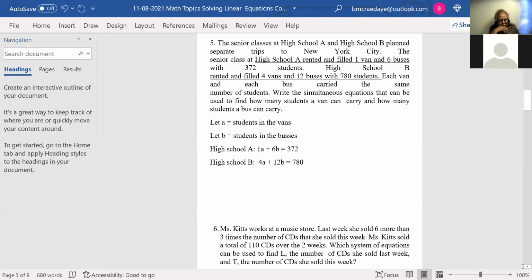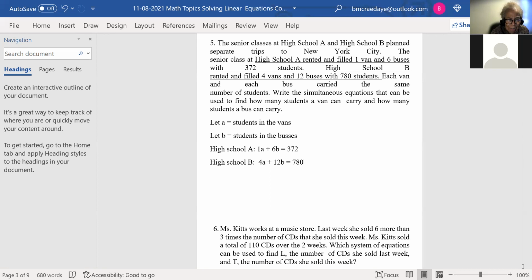Why are you going to add it up? I was saying there were 4 vans and 5 vans, and 12 and 6 is 18, like 23, and then I was going to add them and divide it by the 23.